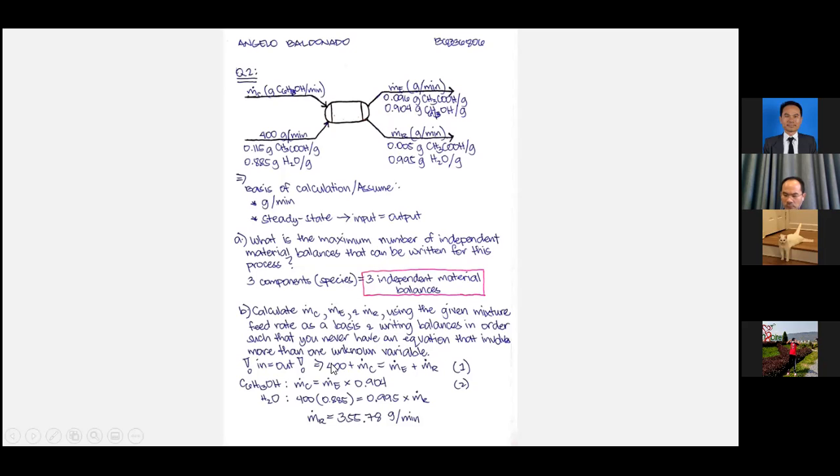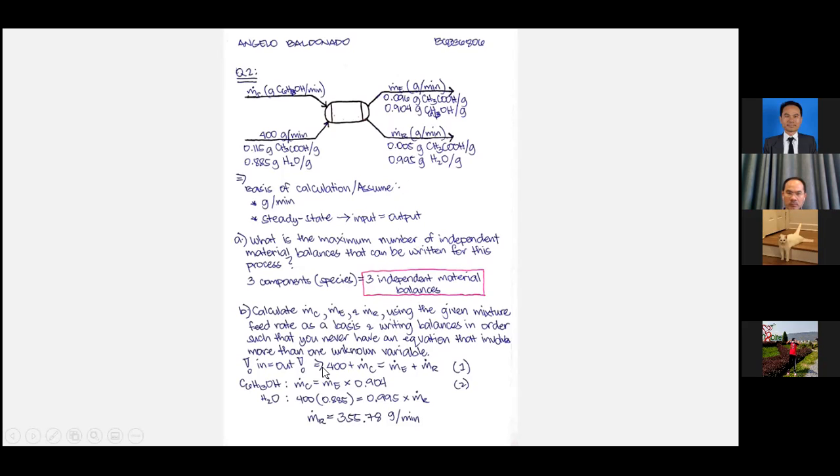So we assume that our system is in equals to out. We have the equation 400 gram per minute plus m dot c equals our output, which is m dot e plus m dot r.